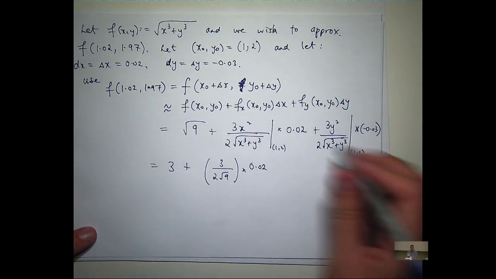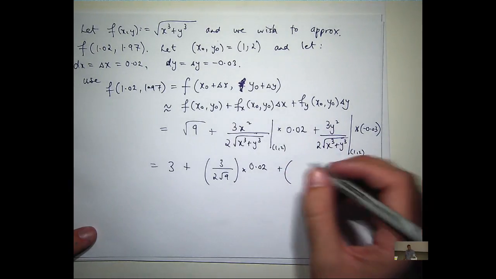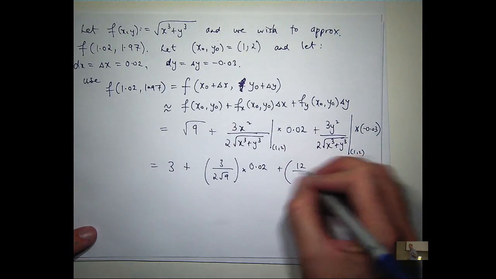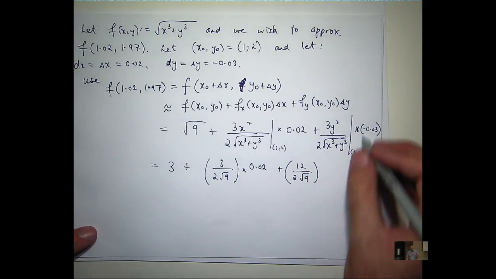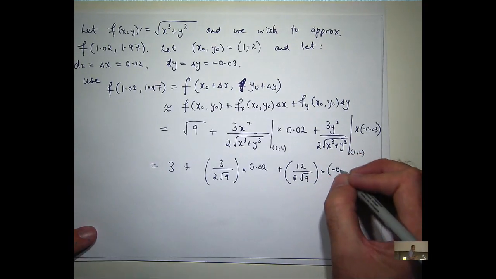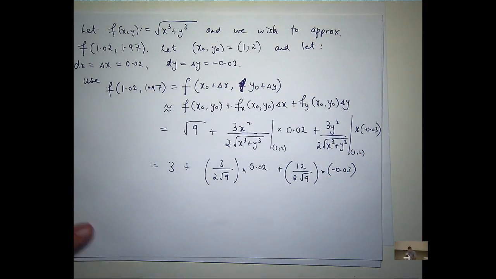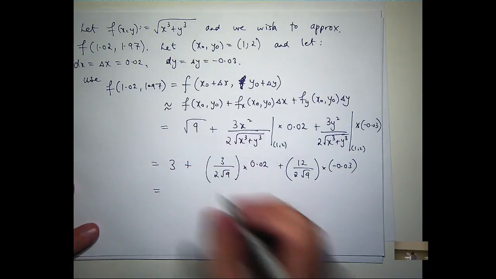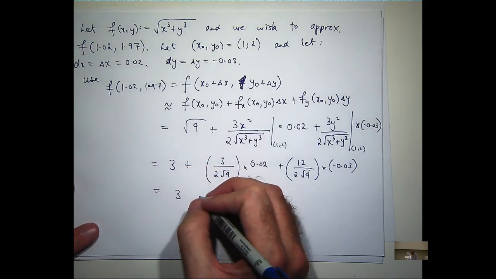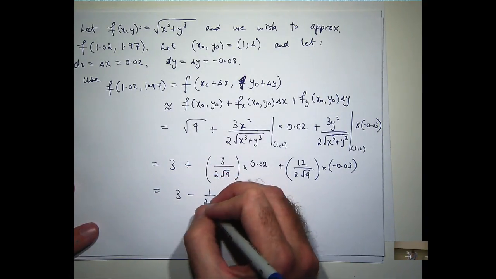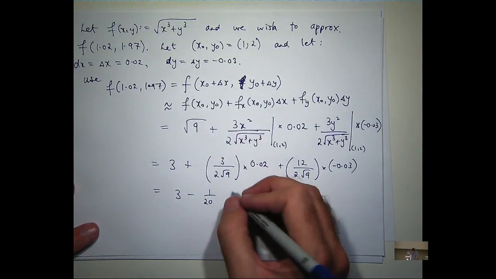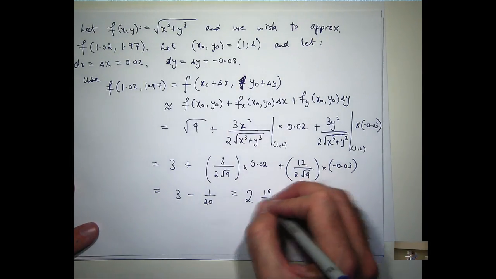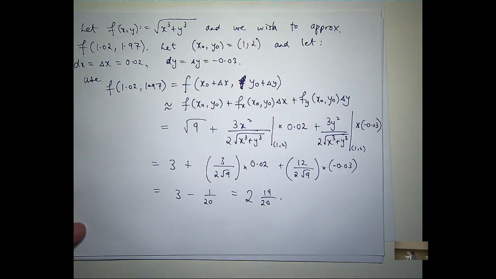If I sub in up here, I'll get something like 12 onto root 9. Again, multiplying by minus 0.03. And then if you simplify these values, you should get this.